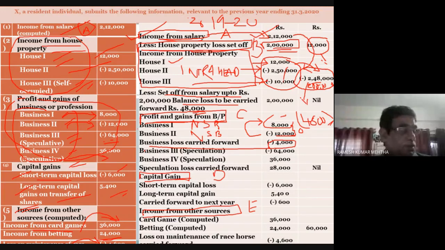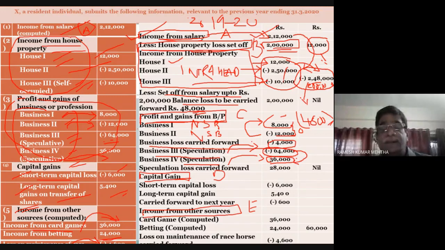Next point is speculative business loss and speculative business gain. There is a speculative business loss of 64,000 rupees, and at the same time there is a speculative business profit of 36,000 rupees. As the rule says, speculative business loss can be set off against speculative business profit.